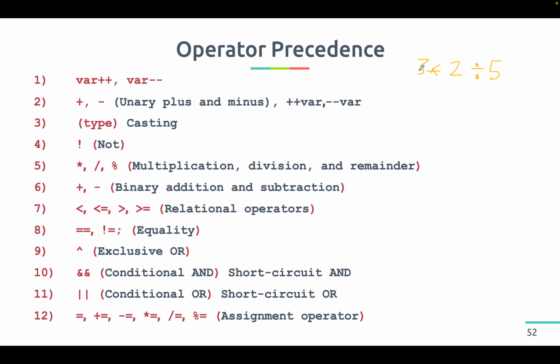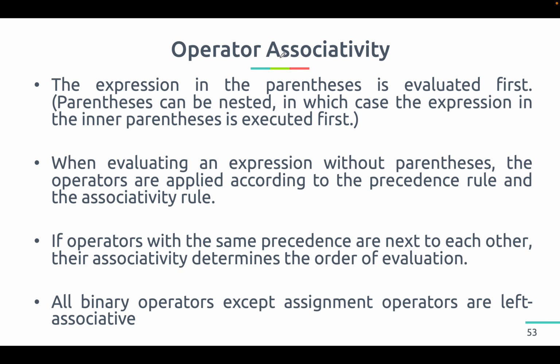But anyway, when we say that it has left to right associativity, it means that we start from left to right if they have the same precedence. So for example here, we multiply and then we divide instead of dividing and then multiplying. This is the order when they have the same precedence. So this is what we mean by operator associativity.